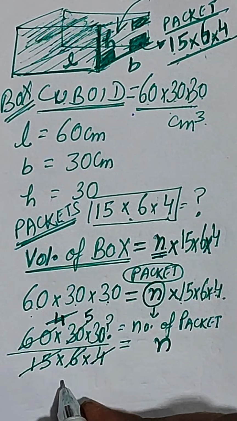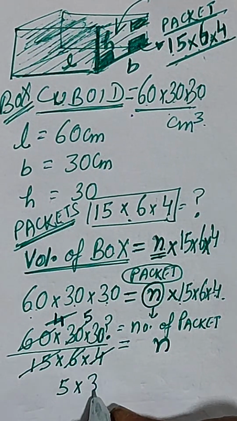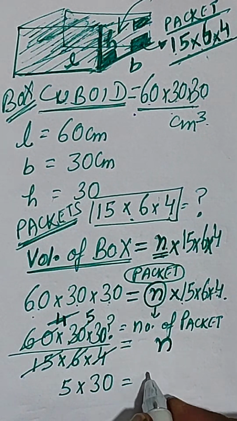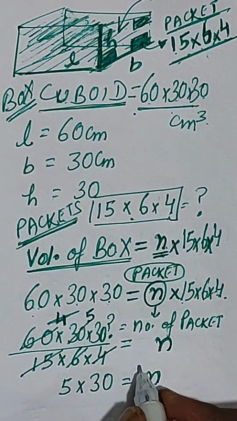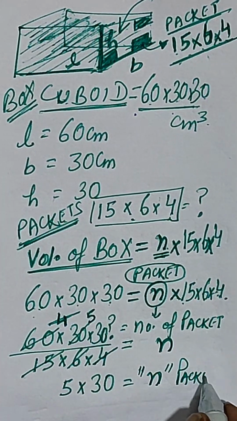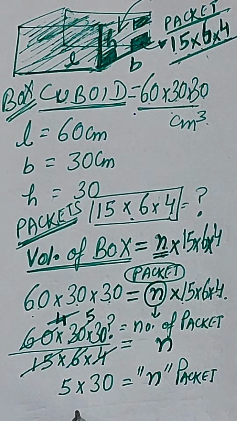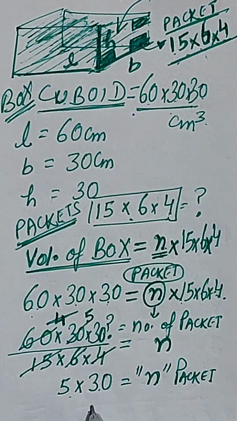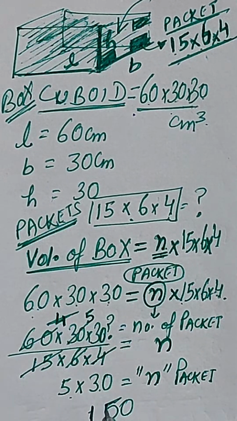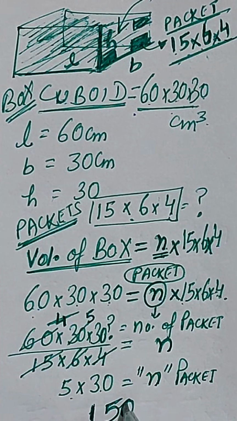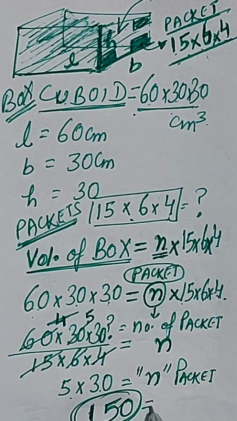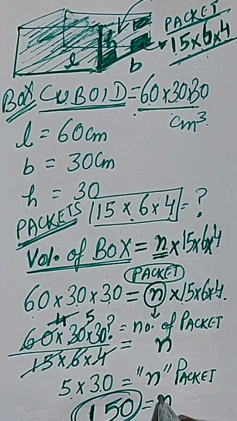So we will have 5 into 30, which is the value of n packets. So n is 30 into 5, which is nothing but 150. So 150 is the value of n.